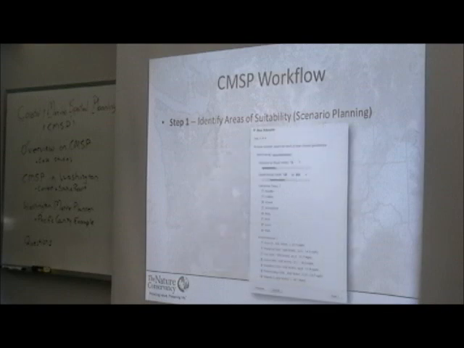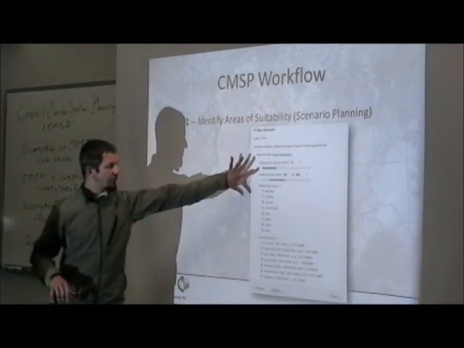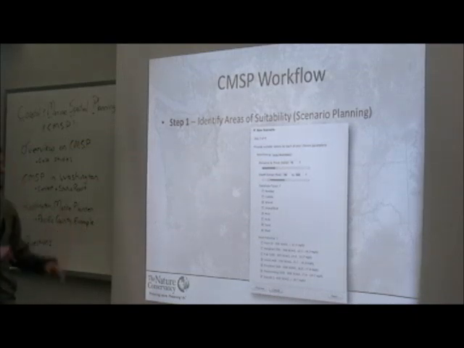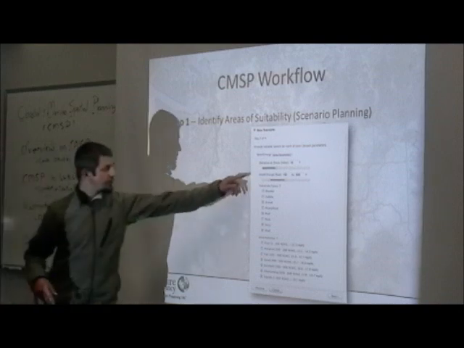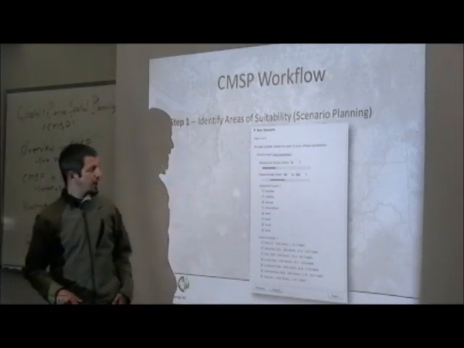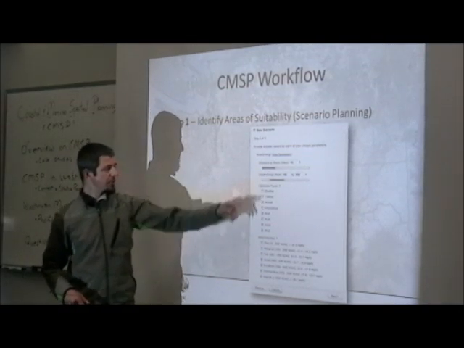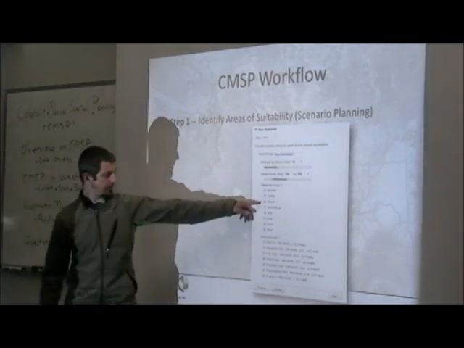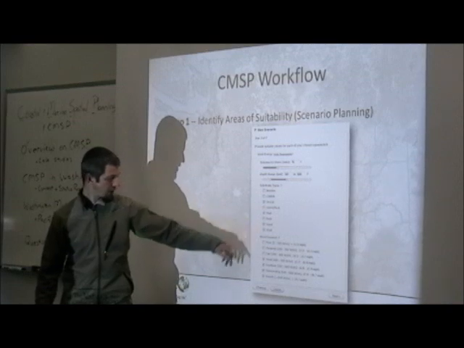Next. Here's step three. This is where you actually select the values for those data layers that you selected in the previous picture. So distance to shore, we're going to select 15 miles. We want a depth range of 150 to 500 feet. We want a bottom type of gravel, mud, sand, and shell.